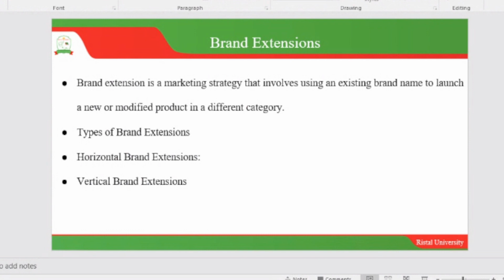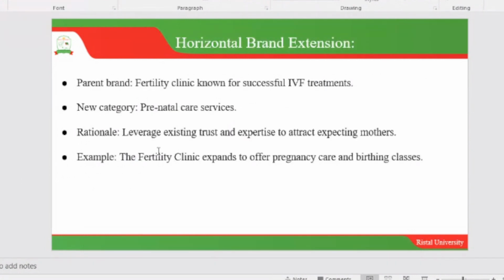So what happens is that if your service point is already known as fertility solutions in this particular village, extending it to the next village in service provision will be a launch of a new service, so you will still be able to use this same brand. So that is what we refer to as a brand extension.